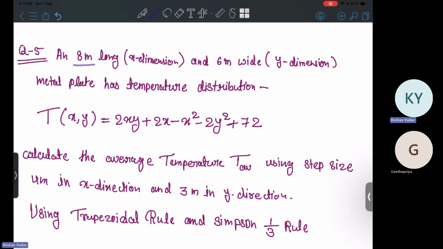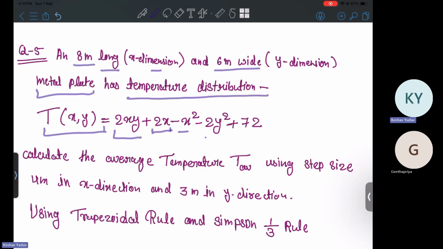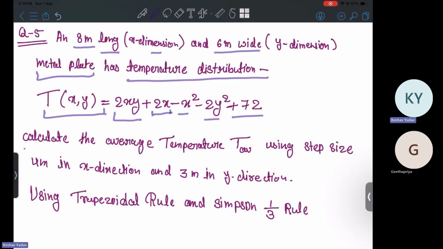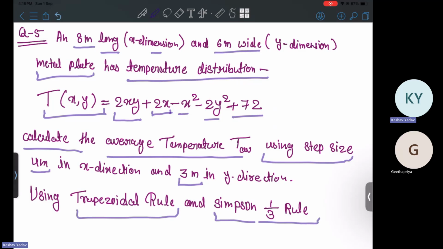An 8 meter long, 8 long means x dimension, and 6 meter wide metal plate has a temperature distribution T of x,y defined as 2xy plus 2x minus x square minus 2y square plus 72. This is the temperature distribution. Then we need to calculate the average temperature T average using the step size 4 meter in x direction and 3 meter in y direction, using the trapezoidal rule and Simpson 1/3 rule. Okay.